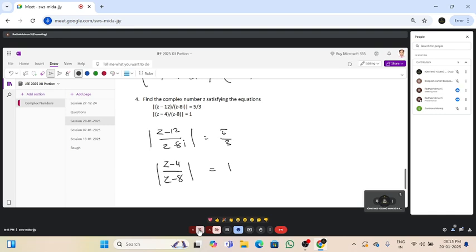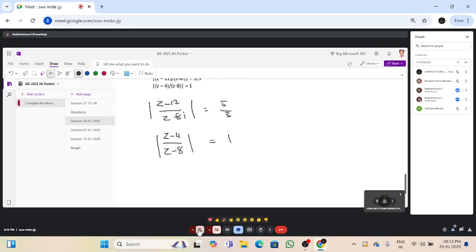So if you get such complex equations using complex numbers, the first thing you should do is use the fact that the mod of A by B is the mod of A by the mod of B. That is one simplification you can do. You don't have to simplify this whole fraction.